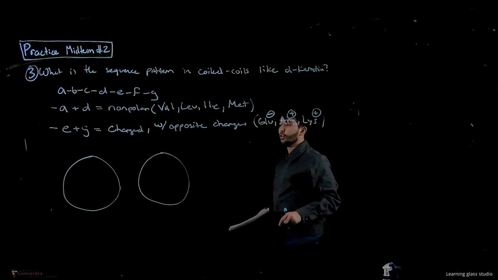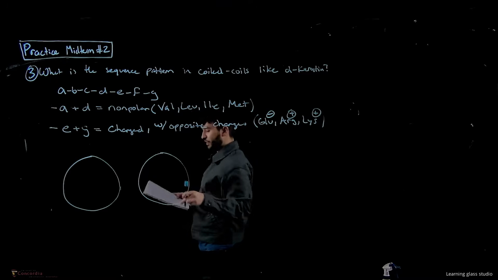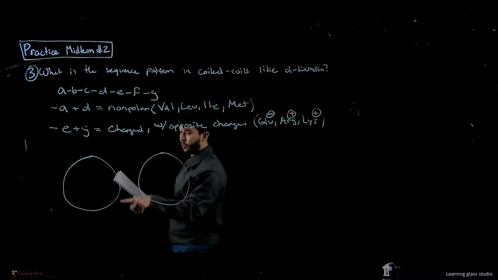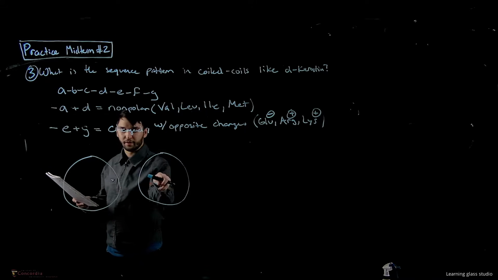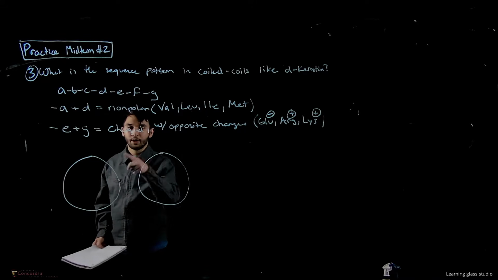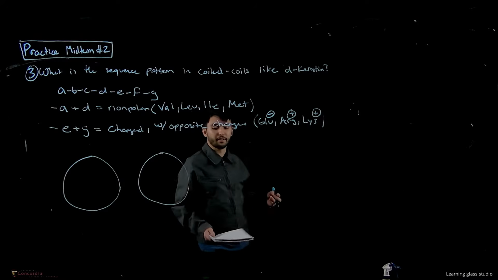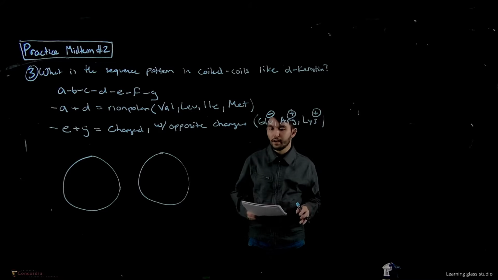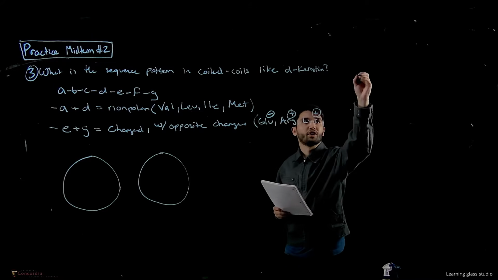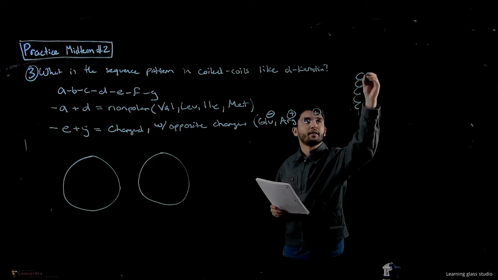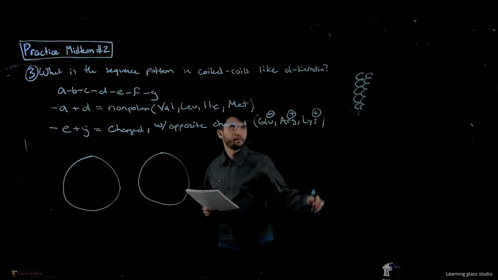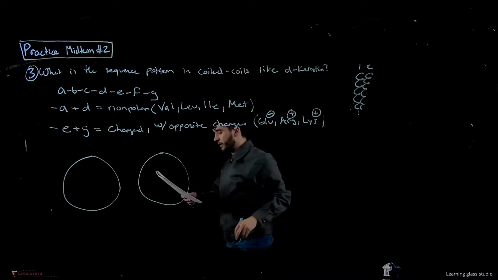Okay? So what we'll see here is if we start drawing the amino acids, we can look at the positions between these two circles here that represent two different helices. So what a coiled coil is, it's two helices that are sort of wrapped around each other and bonded. So I'm just going to draw what that looks like, it's like two helices like that together. Okay? 1, 2. All right.